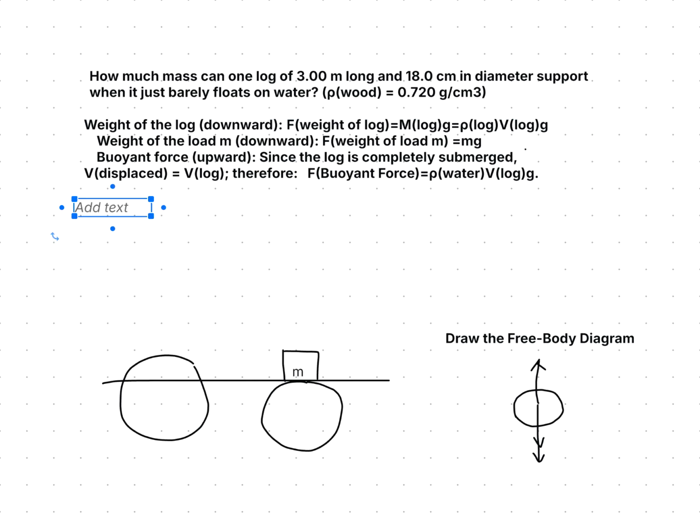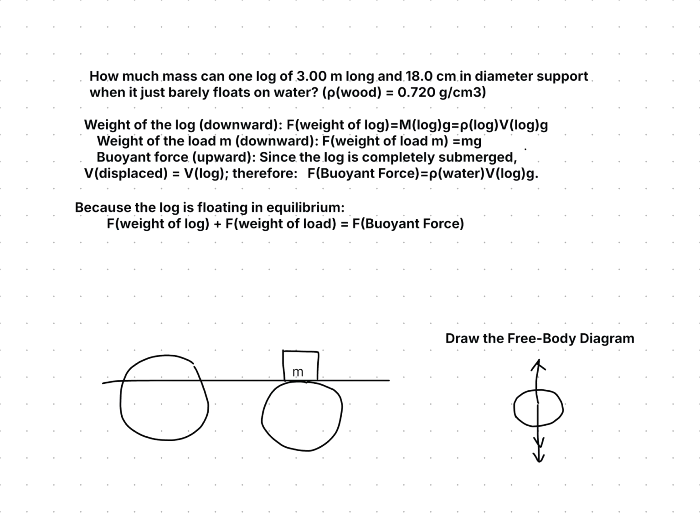Because the log is floating in equilibrium, the sum of the forces going downward, which is the weight of the log plus the weight of the load, must equal the buoyant force going up. Substituting the force expressions gives us equation number one. Let me write this on the whiteboard. This is the only physics equation we need to solve for mass m. You notice every term has g.